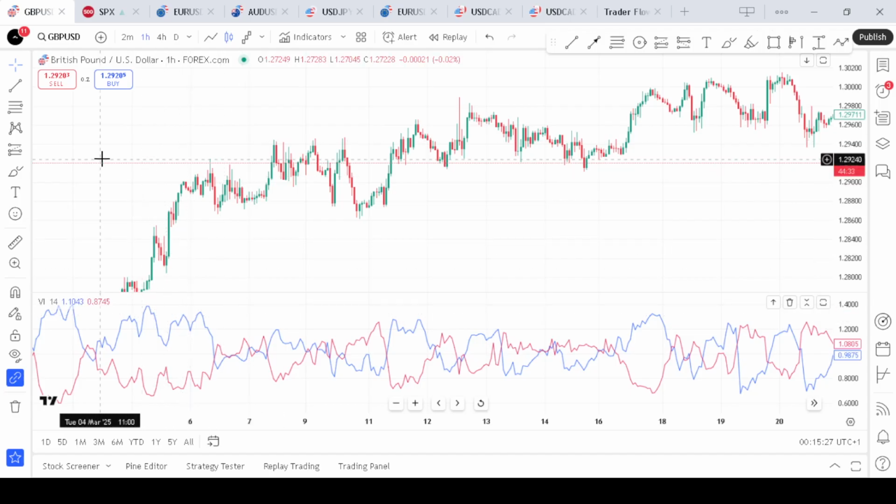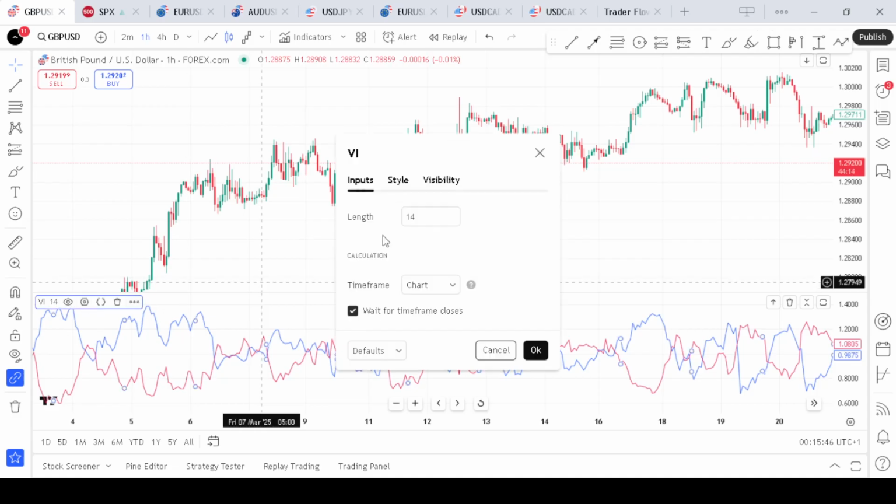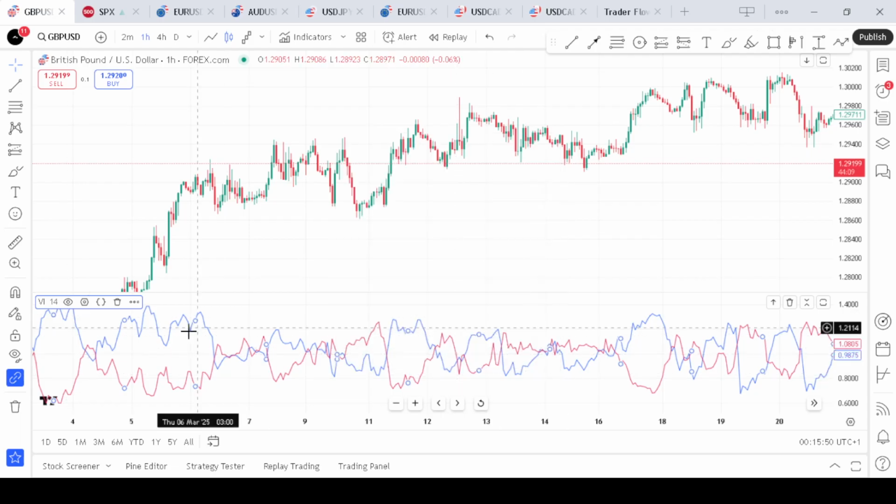This strategy focuses on utilizing the Vortex Indicator alongside moving averages to enhance your trading decisions. So begin by adding the Vortex Indicator to your chart using a standard 14 period setting. As you can see, we used a length of 14 periods.